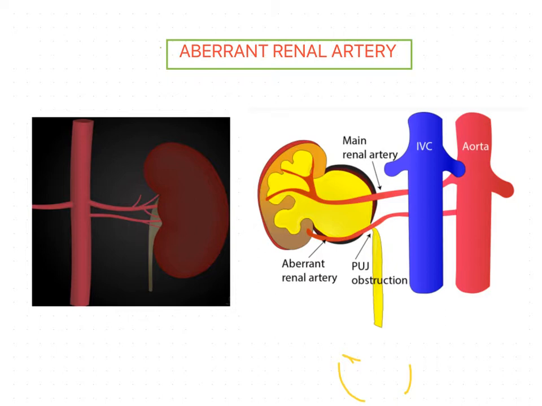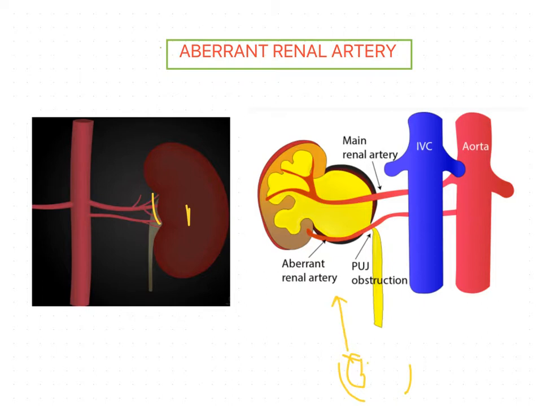Here you can see the hilum is on the medial aspect, but at the earlier stages the hilum is faced forward. Later it migrates to the lumbar region. So the kidney is first present at the pelvis and later it moves upwards to the lumbar region.